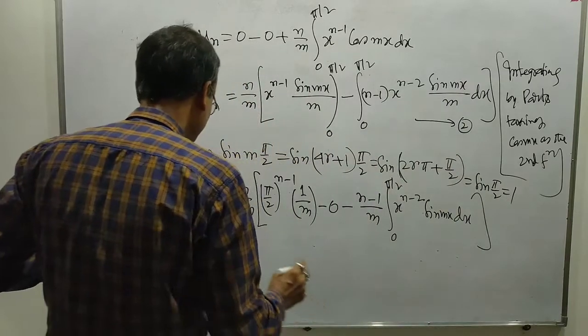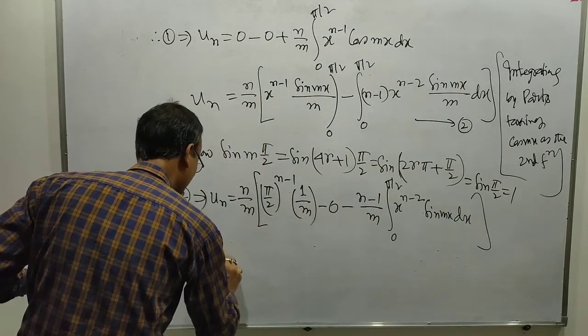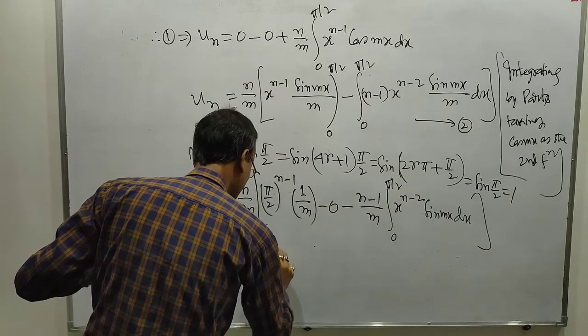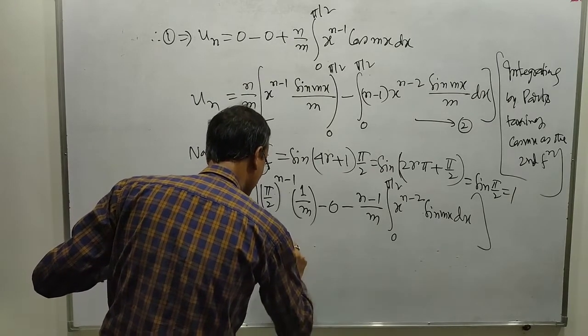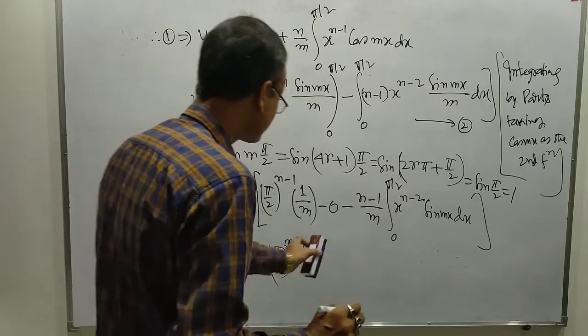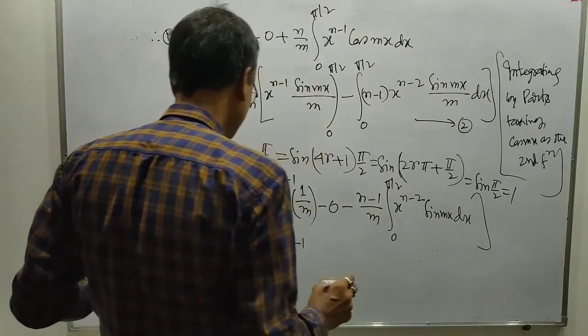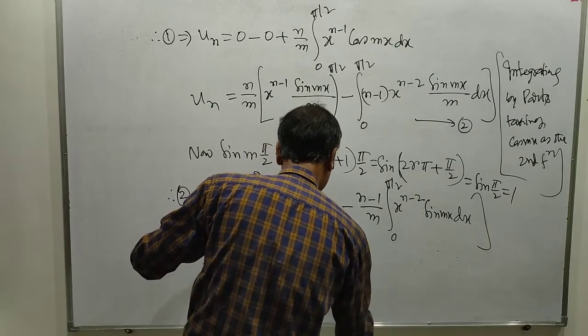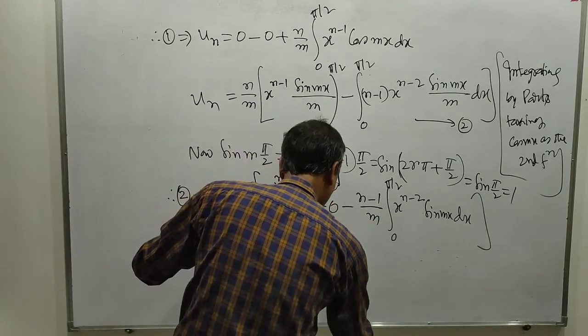You will get this one. This means u_n equals n divided by m squared, (π/2) to the power n minus 1, minus n(n minus 1) divided by m into m, that means m squared.